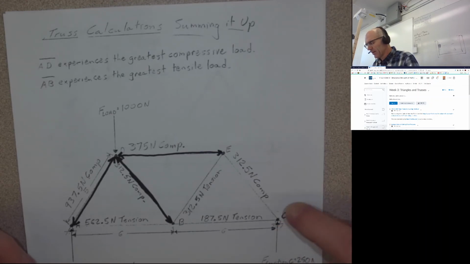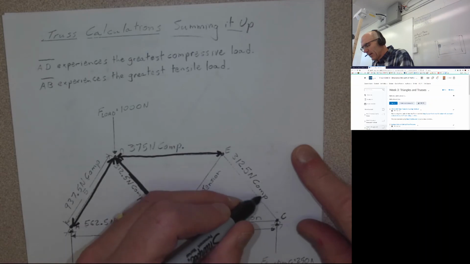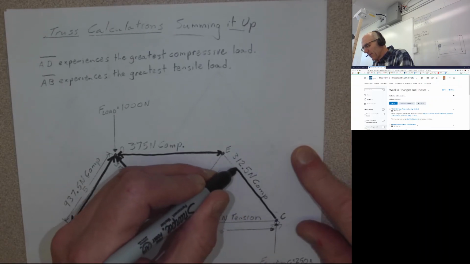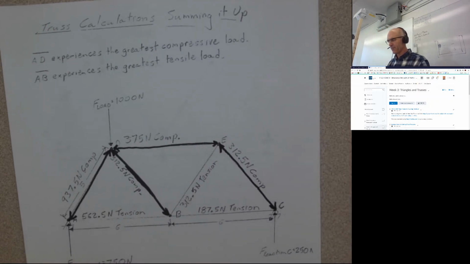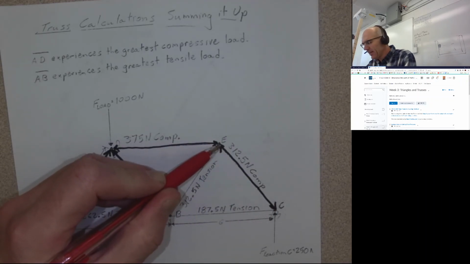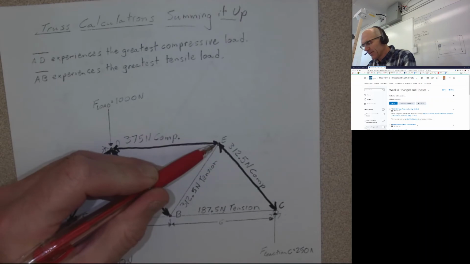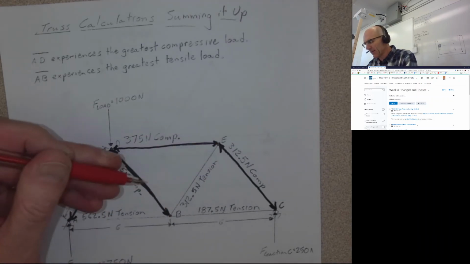Then we jumped over to node C and we said, well, node C's got a reaction force pushing up on it. So node C has to be pushing up. So node C has to be in compression right there. Then we said, well, node C is exerting a vertical force on E, and because DE is perfectly horizontal, it can't fight any vertical force that's acting right there.